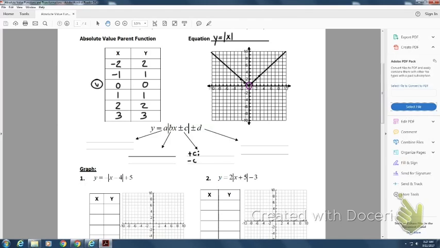Left. Okay. Remember, anything inside the absolute value bars, so the B and the C, those are going to affect the X values, and it's always going to be opposite of the way you think. So if it's plus C, it's going to go to the left. Which means if it's minus C, it's going to go to the right.